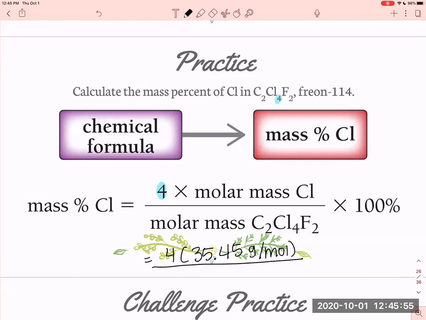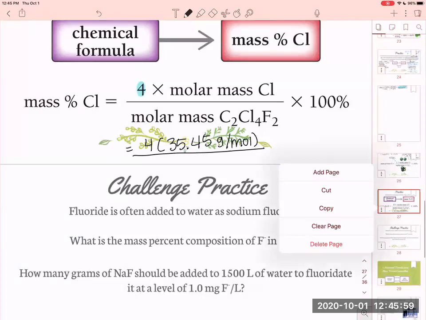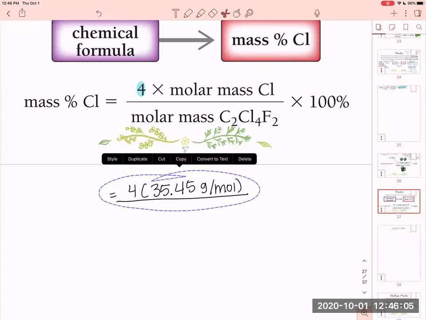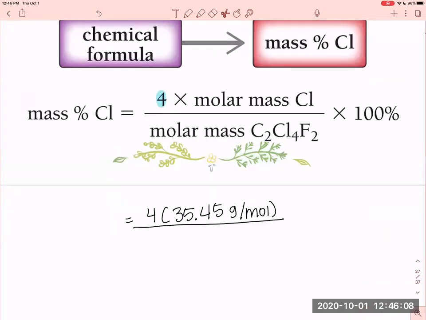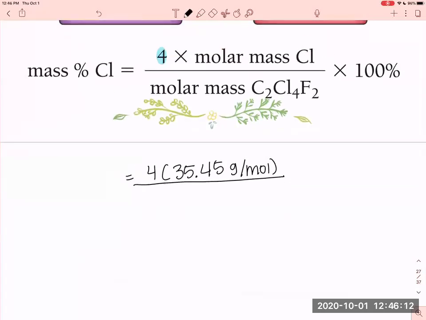Let me just grab another page here. Okay. Over the total molar mass of C2Cl4F2. And I'm just going to put this all in my calculator.